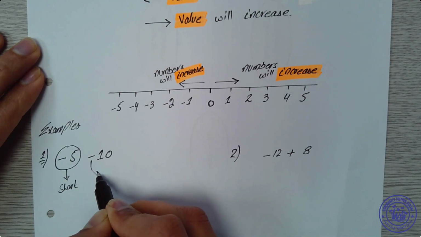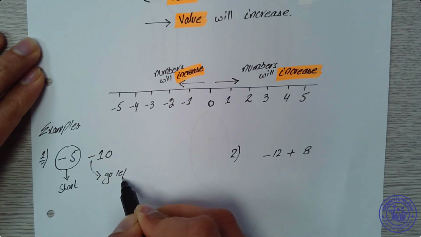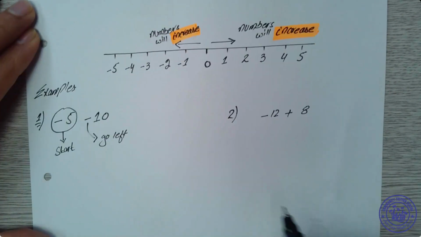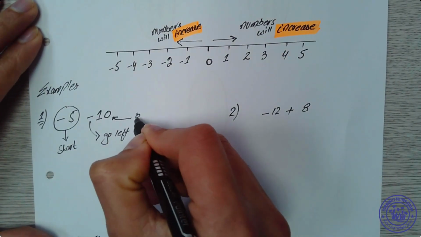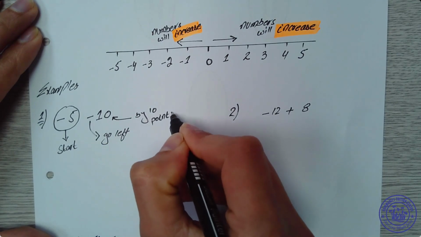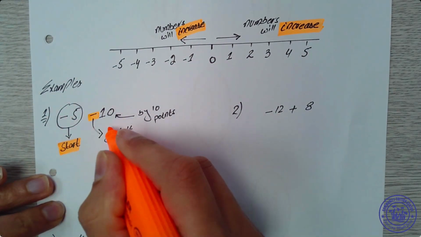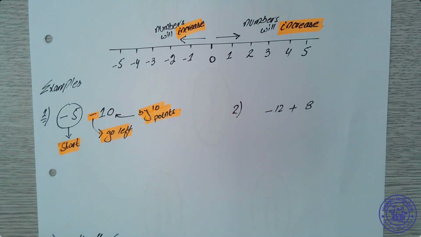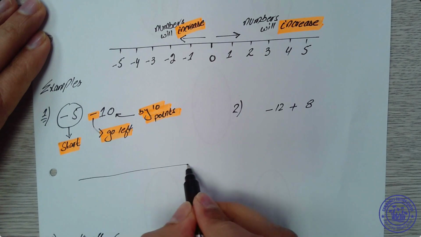This negative is telling me I'm going to go left. Why? Because my value will decrease, right? By how much? By 10 points. So this is my start, this negative is telling me I have to go left, and this is telling me I have to go back by 10 points, right? So I'm going to say this is my number line.